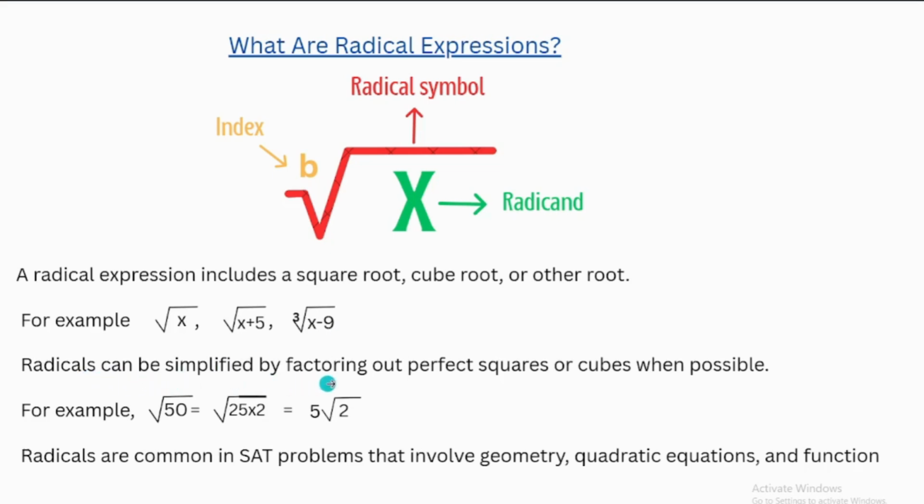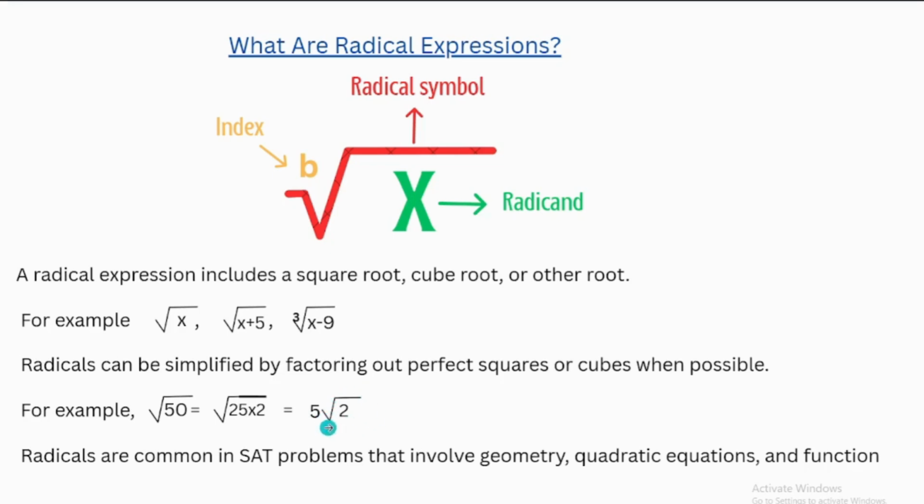Radicals can be simplified by factoring out perfect squares or cubes when possible. For example, if we have the square root of 50, we will simplify 50. We will find 50 is equal to 25 times 2. 25 is a perfect square, so it comes out of the root as a 5.